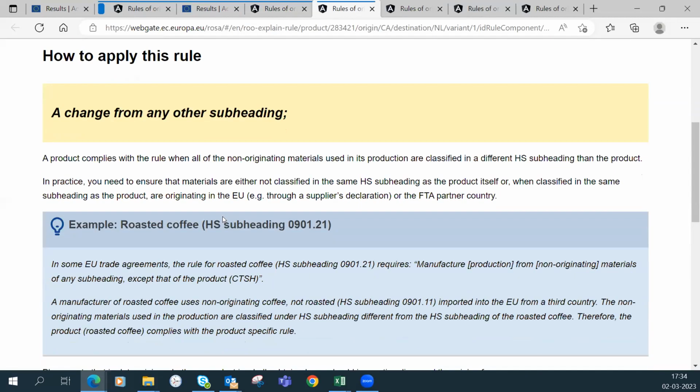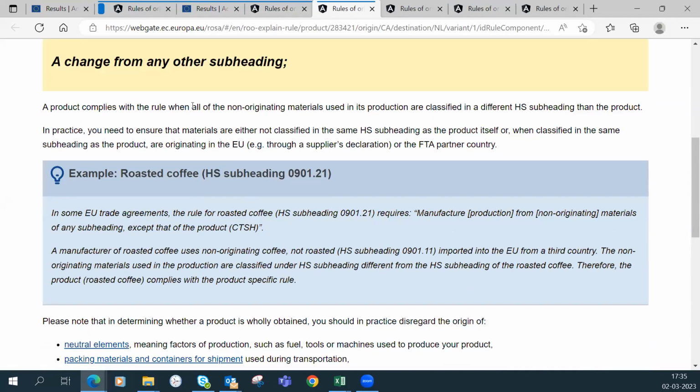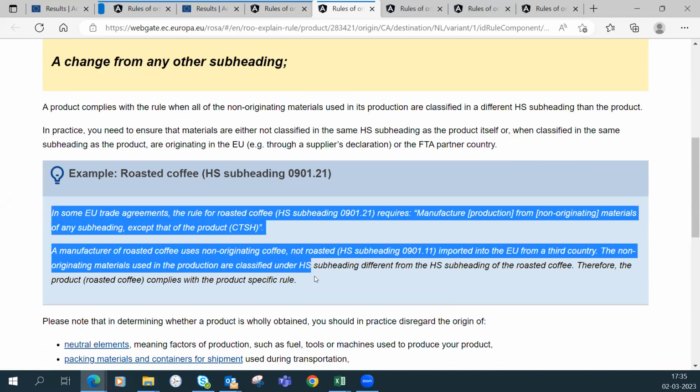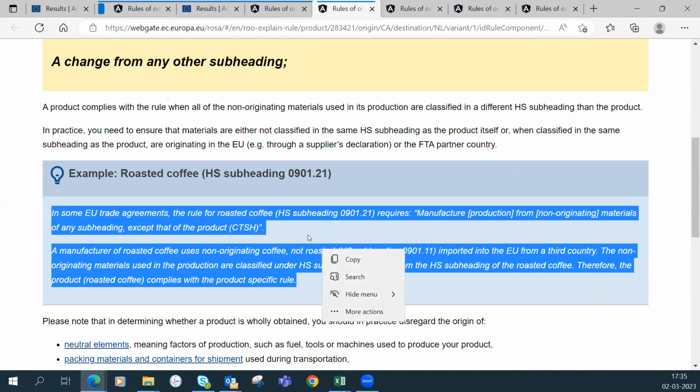And then you will see that a product complies with the rule when all of the non-originating material used in its production is classified in a different HS subheading than the product. Again, you don't really understand. It's a little bit complicated, jargon, subheading, heading. You are not sure what it means. No problem. You have a concrete example where you can better understand how to apply this rule.